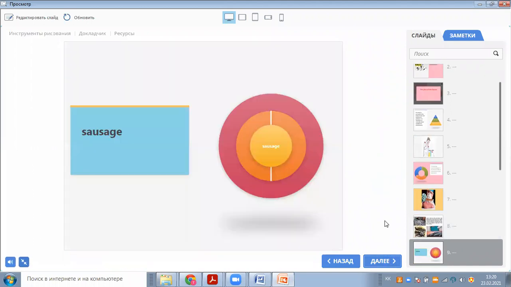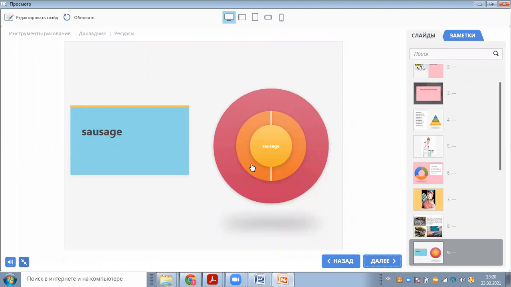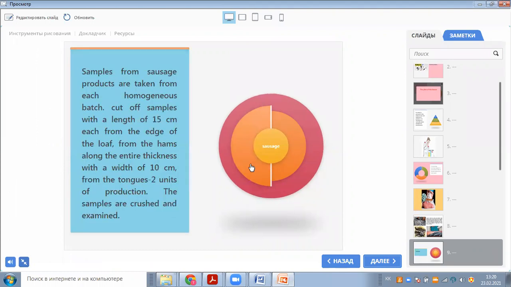And the next slide about the sausage. Samples from the sausage products are taken from each homogeneous batch. And cut samples with a length of 15 centimeters each from the edge for the loaf, from the hams along the entire thickness with a width of 10 centimeters, from the tongues to units of production, and the samples are crushed and examined.